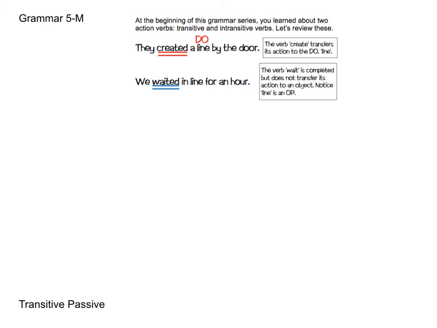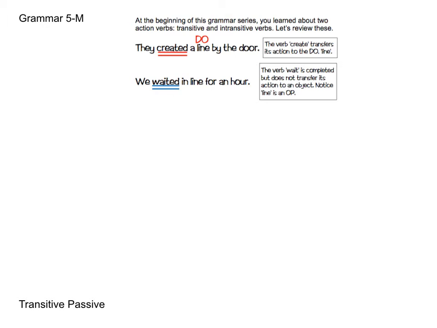So let's look at 2 examples. They created a line by the door. They is our subject. They are completing the action of creating, and then line is receiving that action. So they transferred the action of create to line, making this a transitive verb. Whereas in the next sentence, we have: We waited in line for an hour.